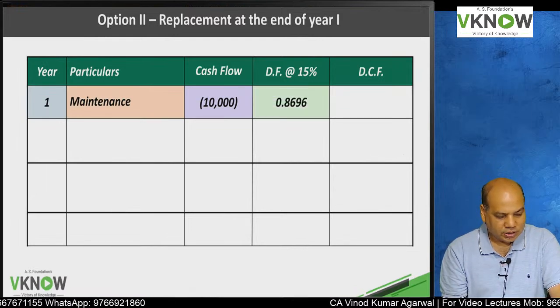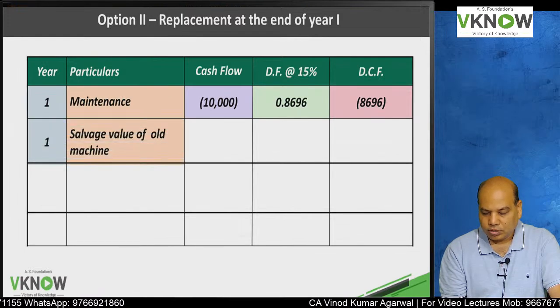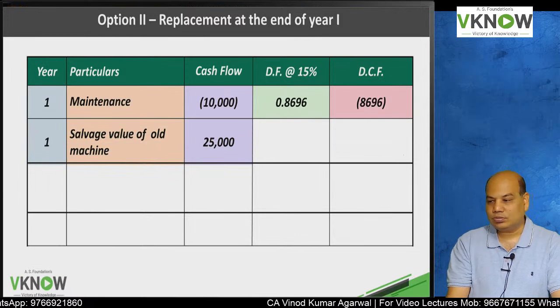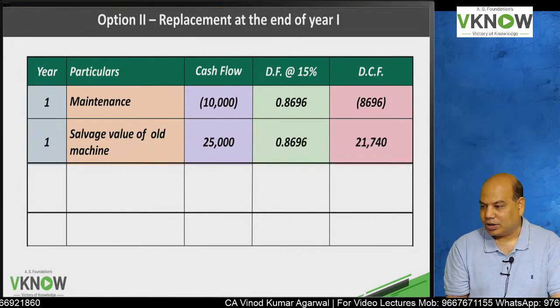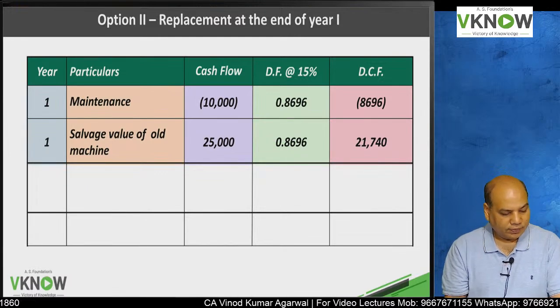Can you see maintenance 10,000? And you will get salvage value 25,000, with factor 0.8696.